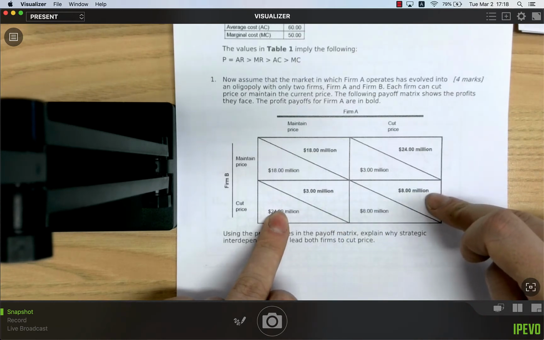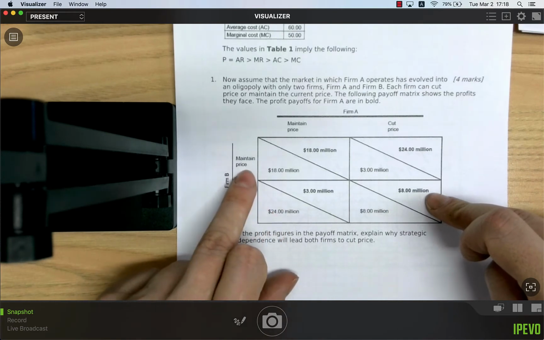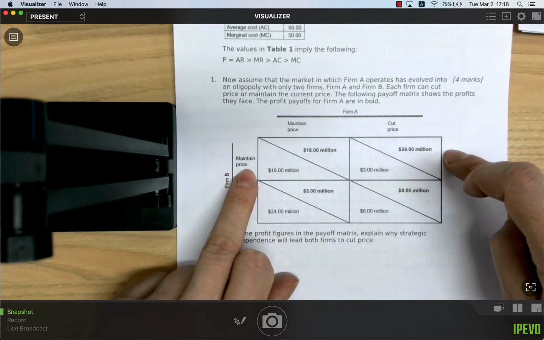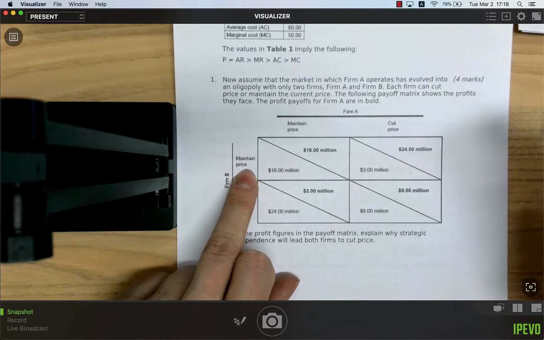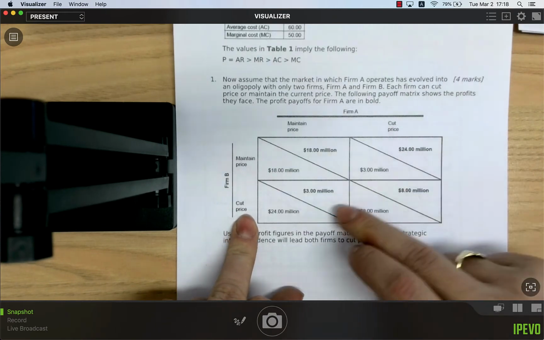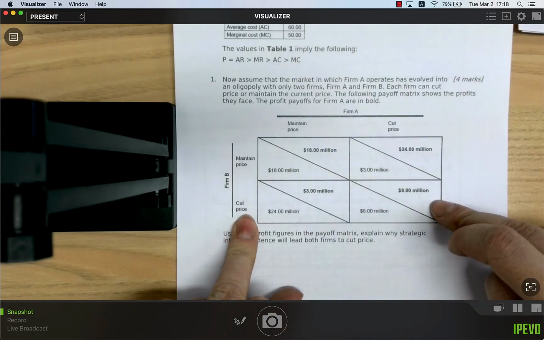So let's analyze this. If firm B maintains its price, firm A will get a higher payoff, hence the name payoff matrix, if they reduce their price. If firm B cuts its price, firm A will get a higher payoff if it reduces its price also.